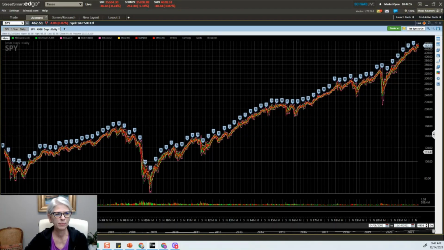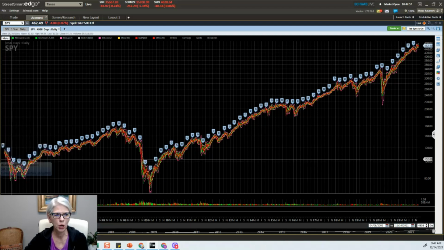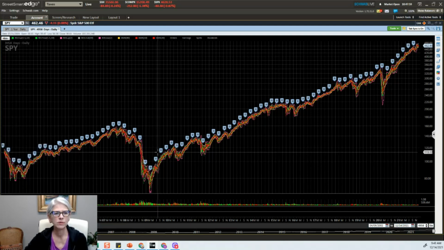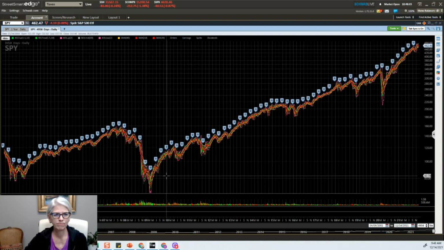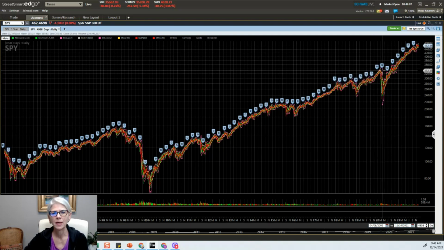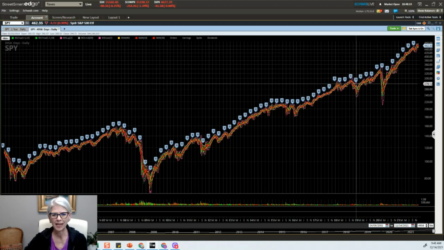So if we look at the big picture perspective, we've got over here the tech bust, we've got the financial crisis, bear markets, and then we came on up, and then we had these two little bear markets that just barely qualified for bear markets, particularly here. And then we had a little bit worse bear market, but it was really short and not a bad bear market, as you can see when we look at those relative to this.